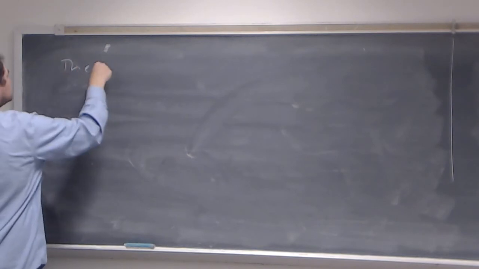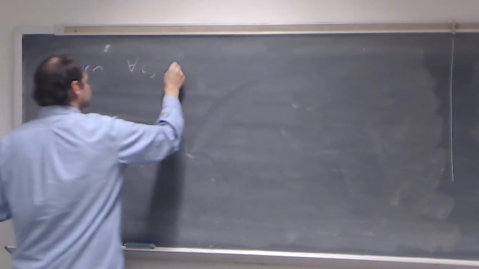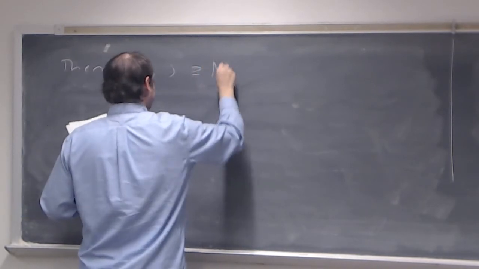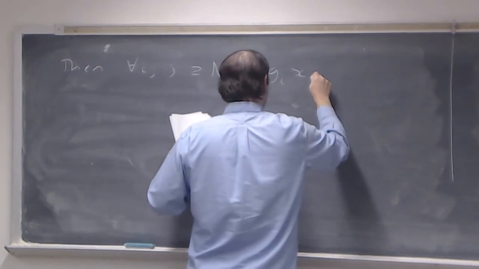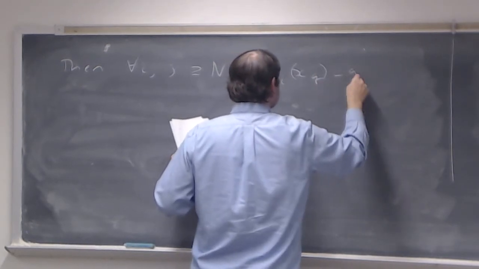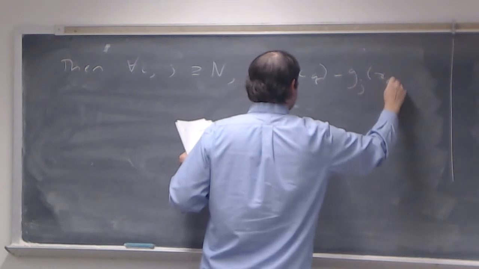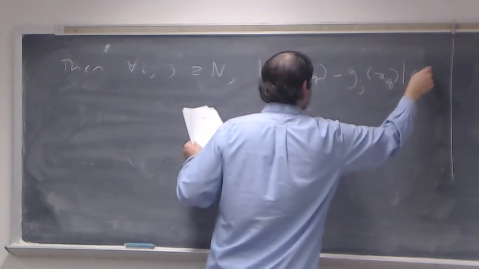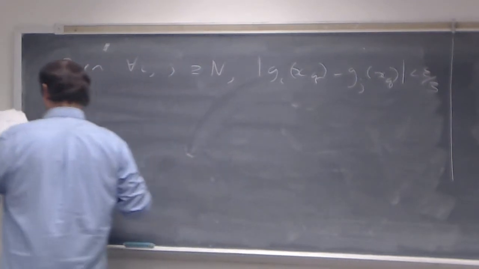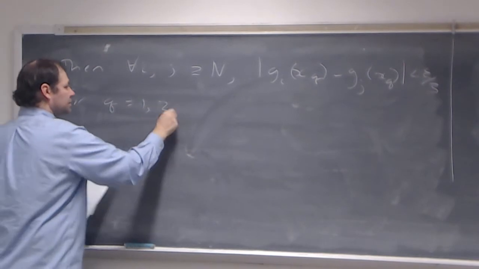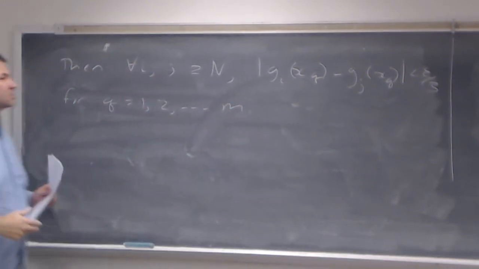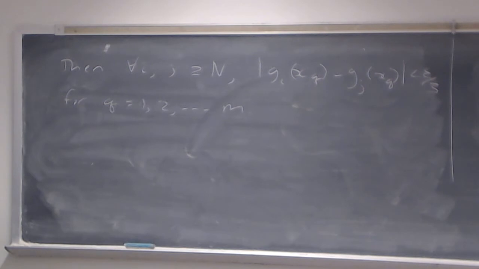Then for all i and j bigger than or equal to N, the norm of g sub i of x sub q minus g sub j of that same x sub q is going to be less than epsilon over 3, and that's true for any q equaling 1, 2, all the way up to m. Now we're ready to show the uniform convergence.